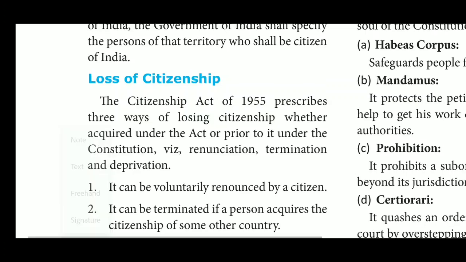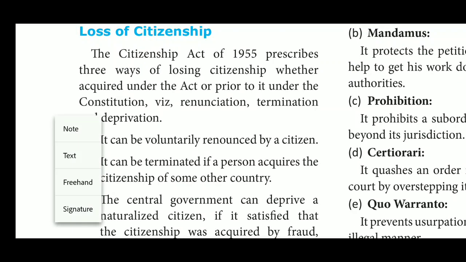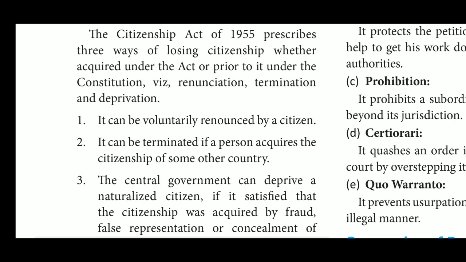Explanation. The Citizenship Act 1955 also lays down the 3 modes by which Indian citizenship can be lost, whether acquired at the commencement of the Constitution or subsequent to it. There are renunciation, termination and deprivation. First one, it can be voluntarily renounced by a citizen.